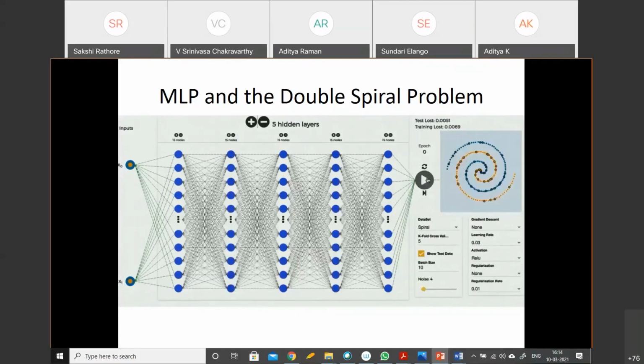Then they went for 5 hidden layers. Still is struggling, but you see that it seems to be able to make it this time. Yeah, right. It's got a lot of patches, right? Yeah, so the 3 patches now they're all merging.